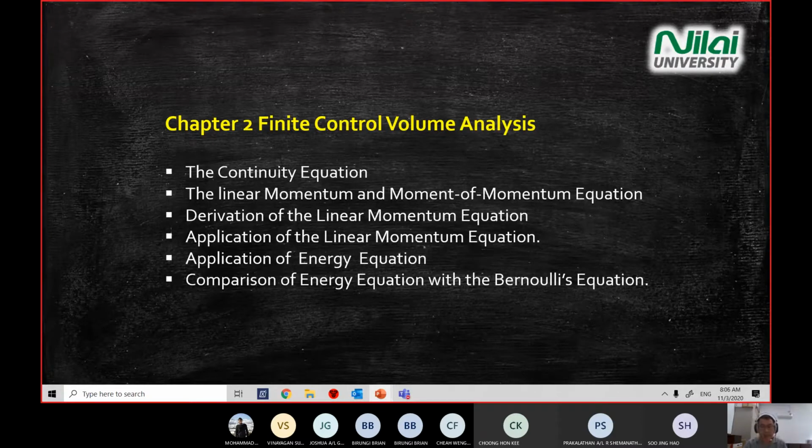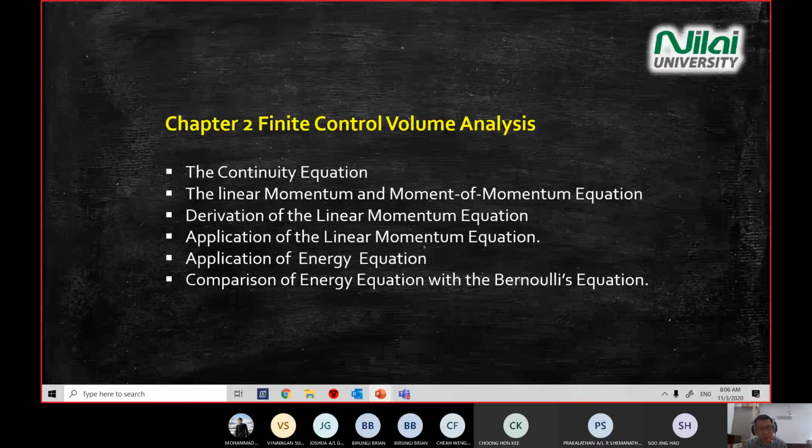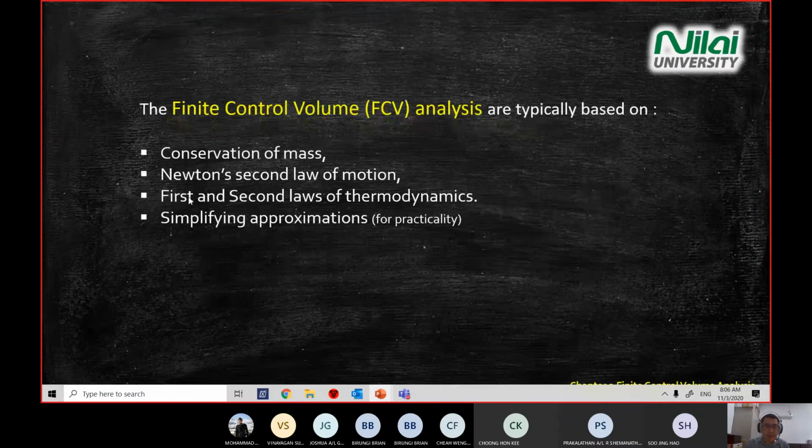Today we're going to look at the moment of momentum equation. We start with page 16 and question 31. Now, just a recap of this FCV, finite control volume analysis chapter. We cover 3 main things and then some simplification steps.